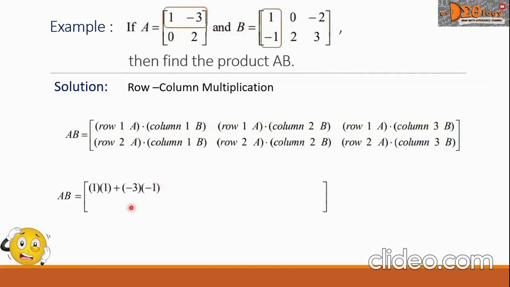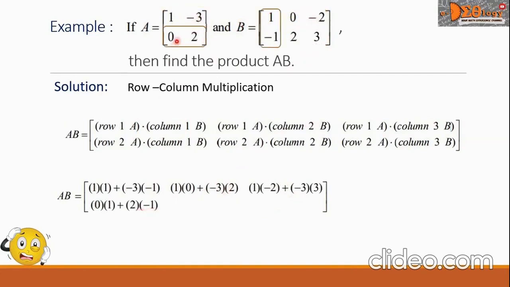For the first element, we will have 1 times 1 plus -3 times -1. Second element here will be 1 times 0 plus -3 times 2. Third element, 1 times -2 plus -3 times 3.